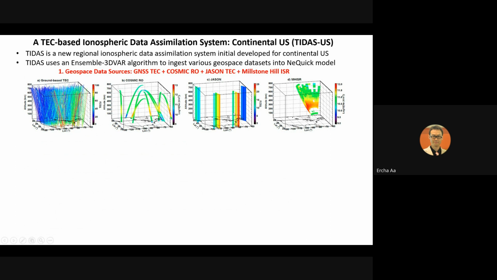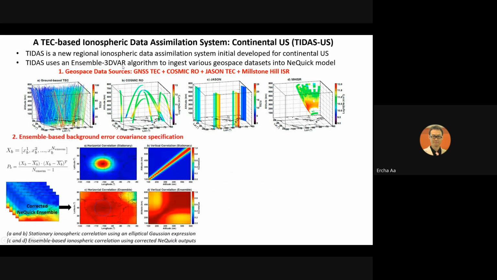And the Jason altimeter TEC provides total electron content above the ocean surface. And last but not least, we have the Millstone Hill ISR measurement, which provides altitude-resolved electron density measurements. So these are the data sets. And TIDAS ingests this data into the background NeQuick model by using an ensemble 3D variational algorithm.